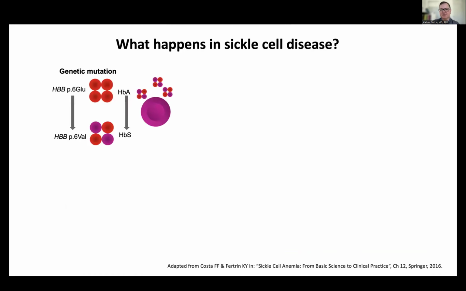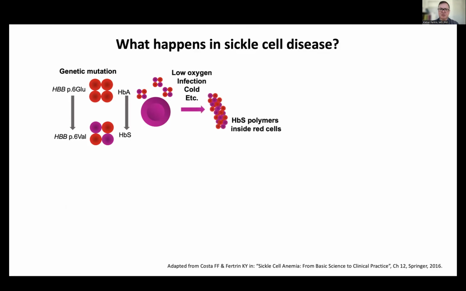So what happens in a person with sickle cell disease, and this is going to be a little different from what I would usually show to fellows and residents, because I want to focus on a more practical way of looking at what these treatments are doing. As we know, sickle cell disease is caused by a genetic mutation that causes the bone marrow to make, instead of hemoglobin A inside the red cells, which is the normal adult hemoglobin, hemoglobin S, which stands for the sickle hemoglobin.